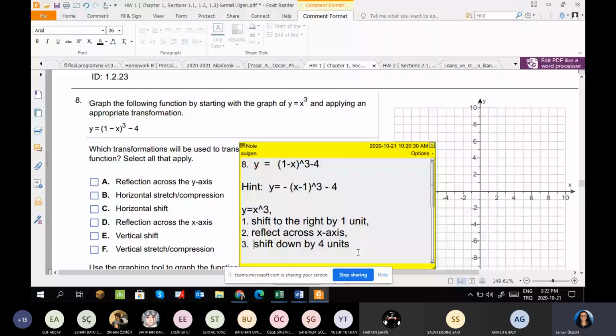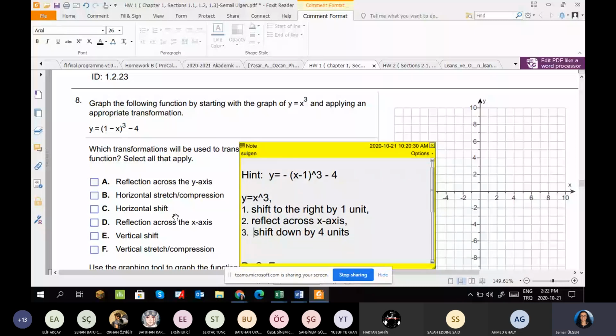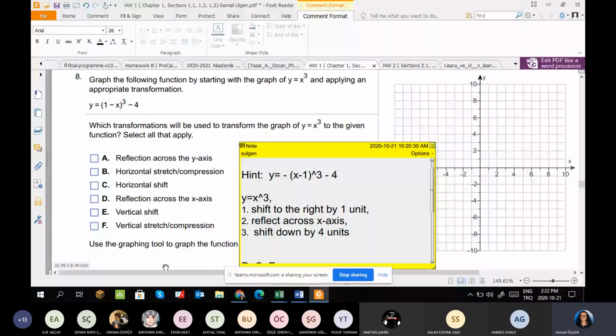So that's this order, and they match with the horizontal shift because we are shifting towards the right by 1 unit. Shifting towards right or left is a horizontal shift. If you're shifting up or down, it's a vertical shift. So we have C, we have E, and we have D, reflection across the x-axis, and that's all we have.